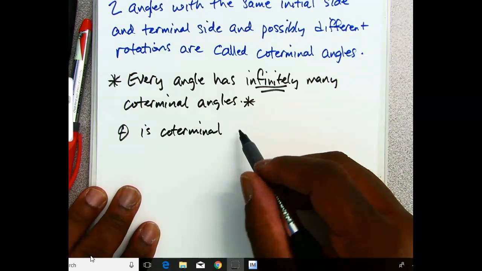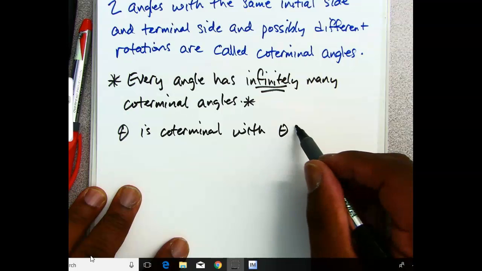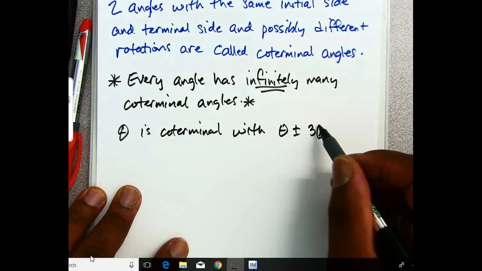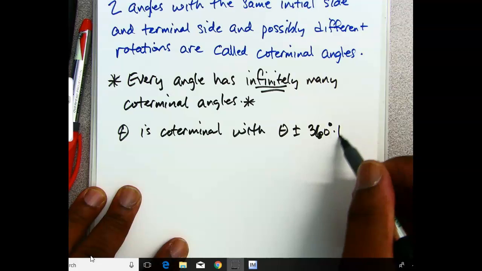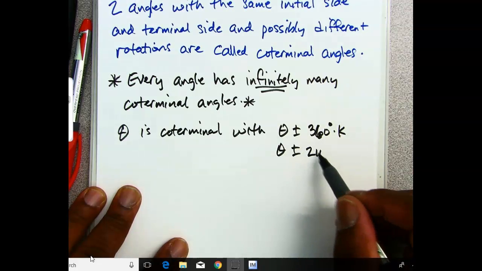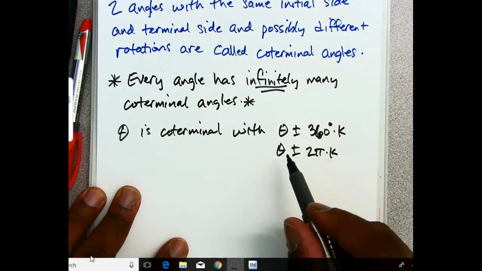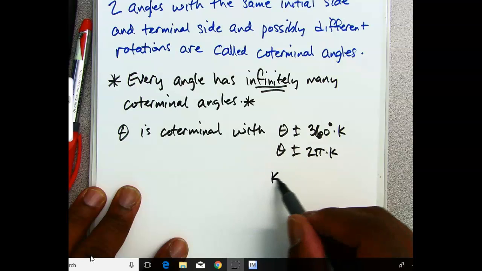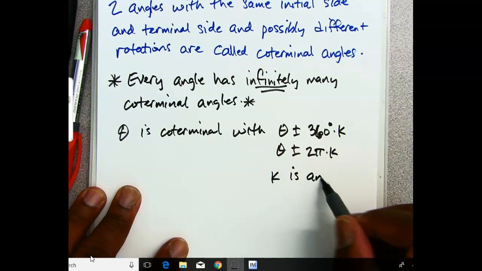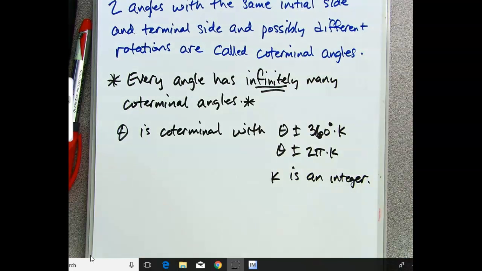Theta is coterminal with theta plus or minus 360 degrees times k, or theta plus or minus 2 pi times k, where k is an integer. So k can be positive or negative.